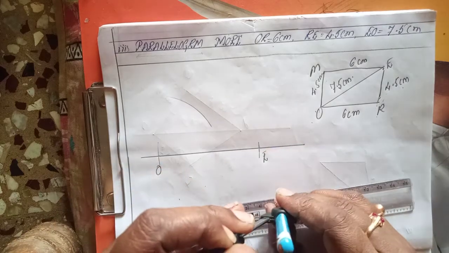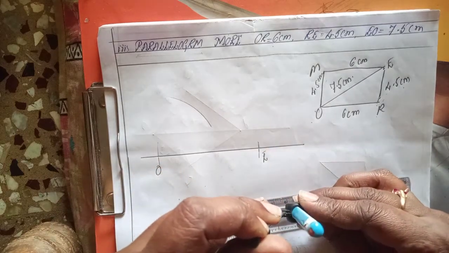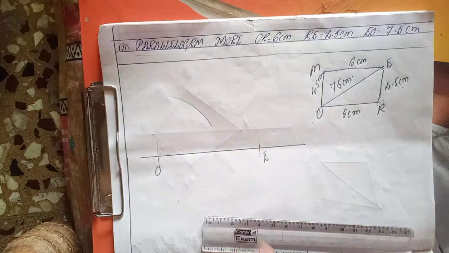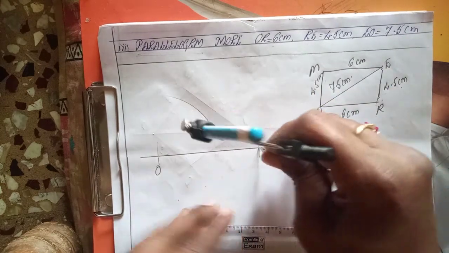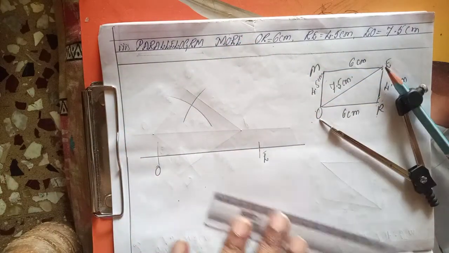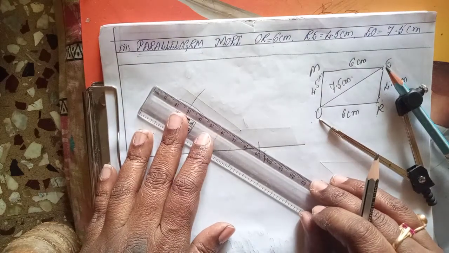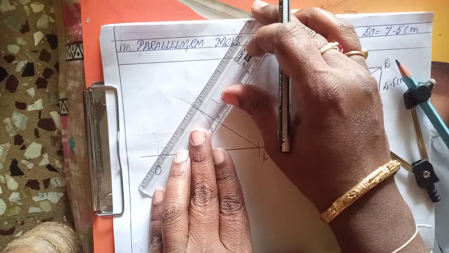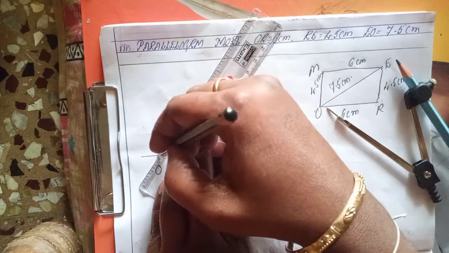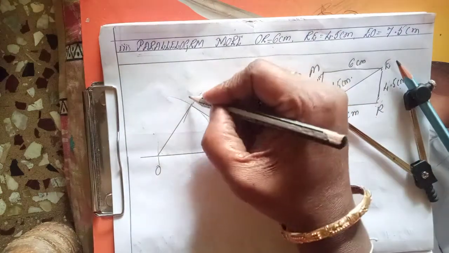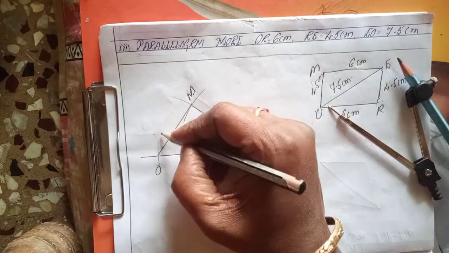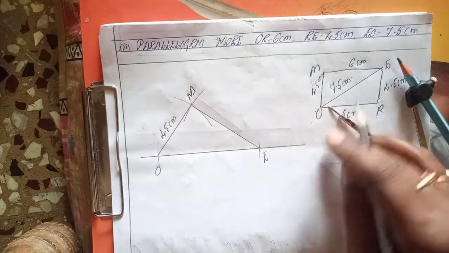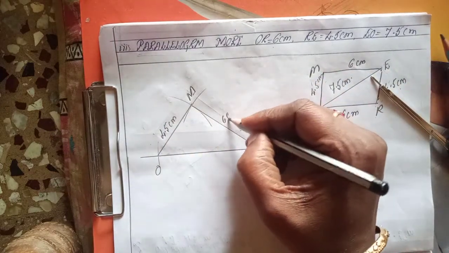Take the measurement of 6 centimeter with the help of the compass like this, point it on E, and cut an arc which cuts the previous arc like that, and join those like this, and here also join. Give the name M, and also write the measurements along with that. OM is equal to 4.5 centimeter and EM is equal to 6 centimeter.